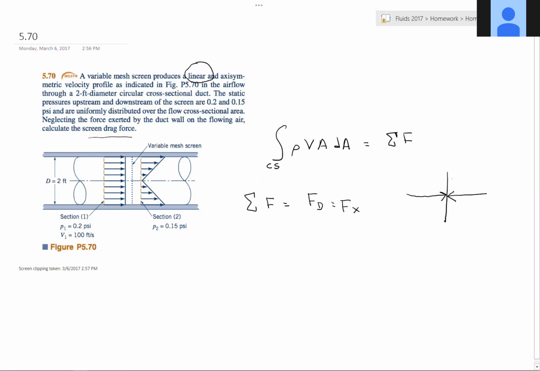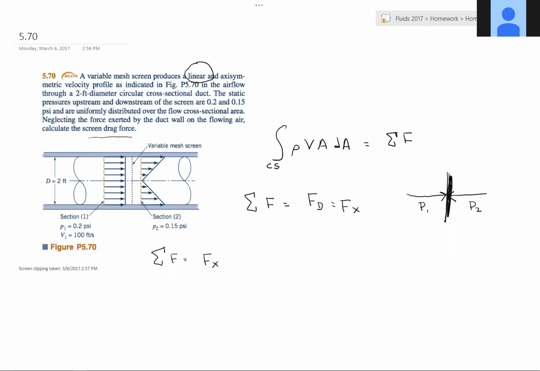So what's our pressure force? We'll call this P1, and we're going to call this P2. So our sum of the forces is going to equal F sub x. How about the pressure? Well, let's start with P1.